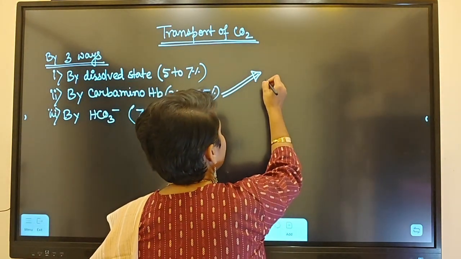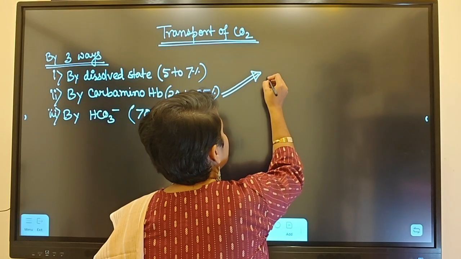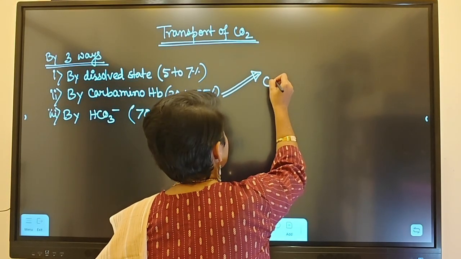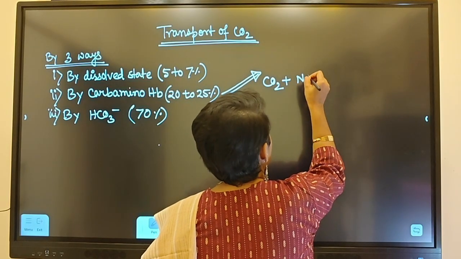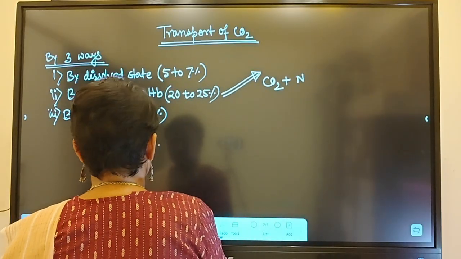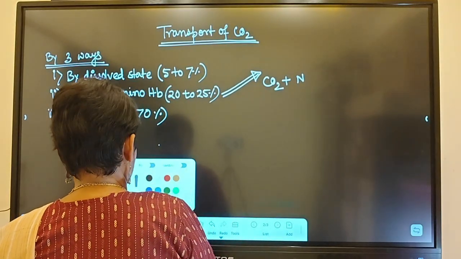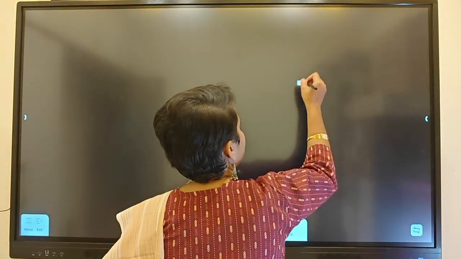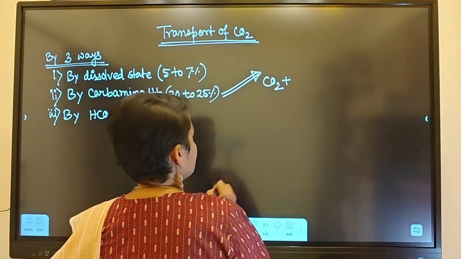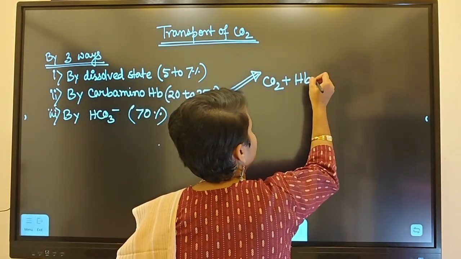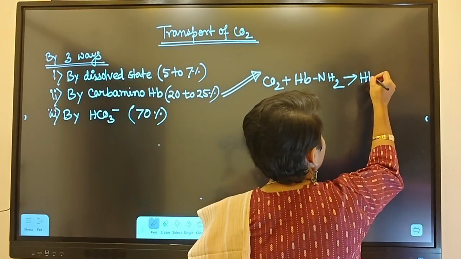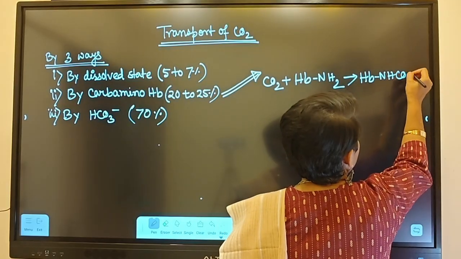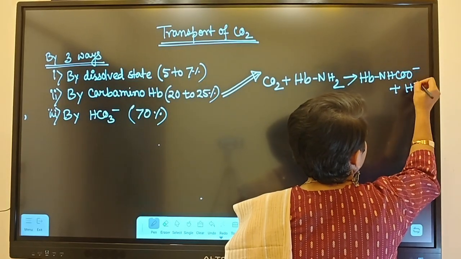So, how can we write it? Carbamino hemoglobin: CO2 plus Hb, which has an N terminal, will make Hb, NH, COO minus and H plus.